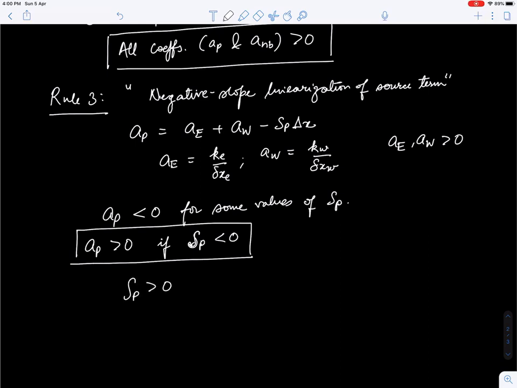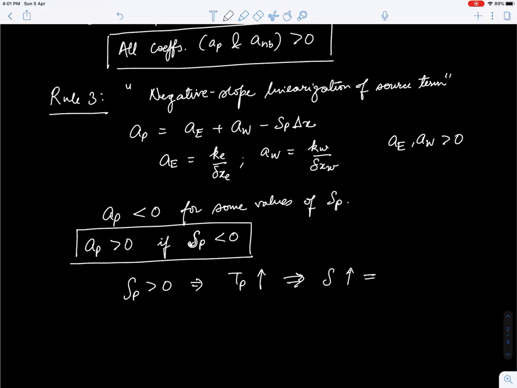Note that if SP is greater than 0, this means that TP would actually be increasing as the source term increases. Now, if TP increases, this will lead to a higher value of S, the heat generation rate, right? This will lead to S increasing, which will lead to TP getting increased again, if you recall that S bar is SC plus SP TP.